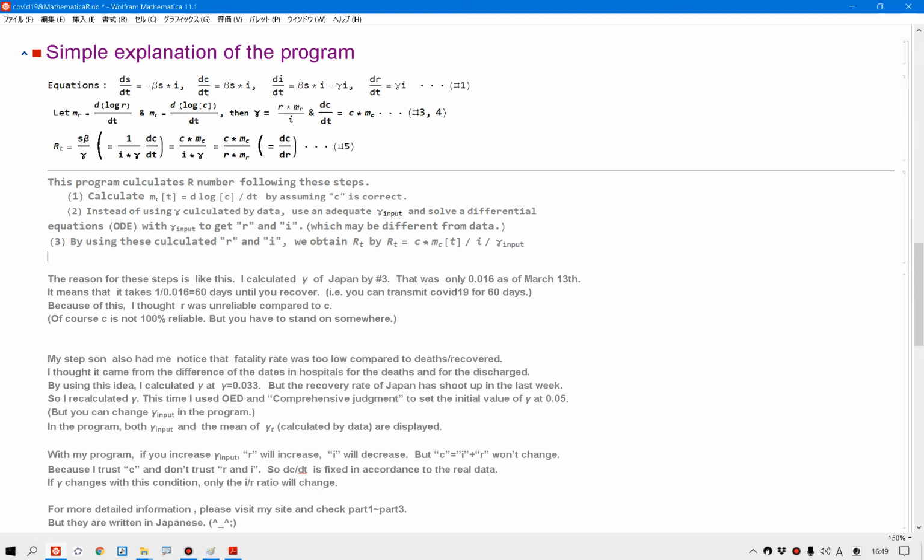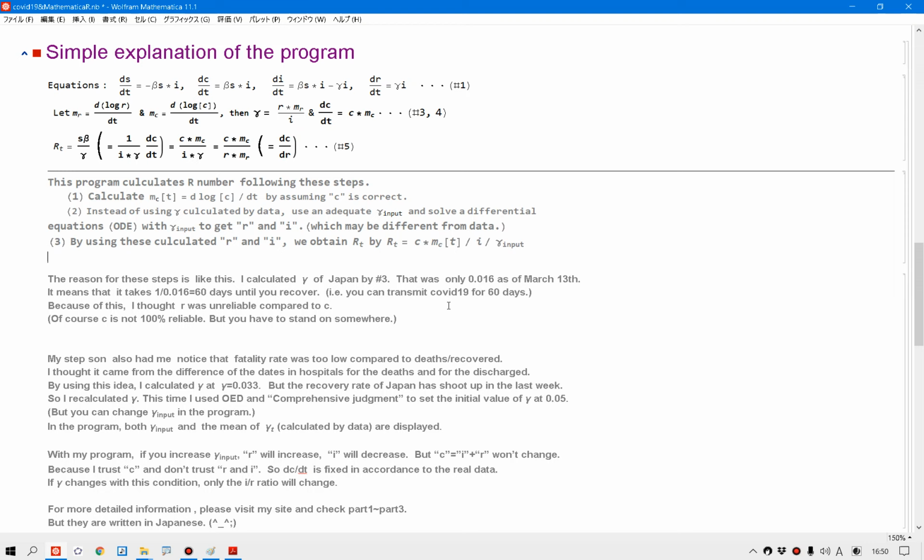The reason for these steps is like this. I calculated the gamma of Japan, and as of March 13th, it was only 0.16, which means 6 days until recovery. And I thought that was too long. So I thought that R is very unreliable compared to C. Of course, C is not 100% reliable, and I think judging to what extent you can trust C or R is the professionals' work.